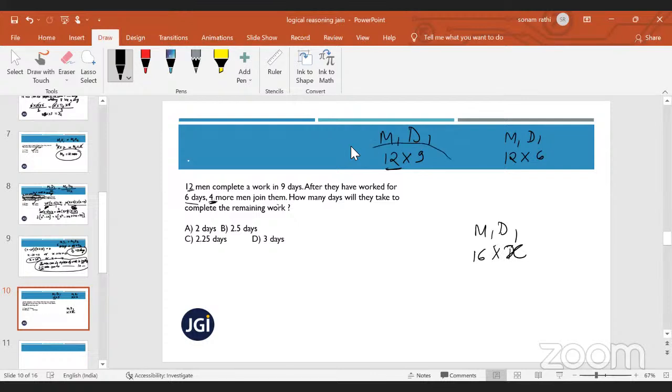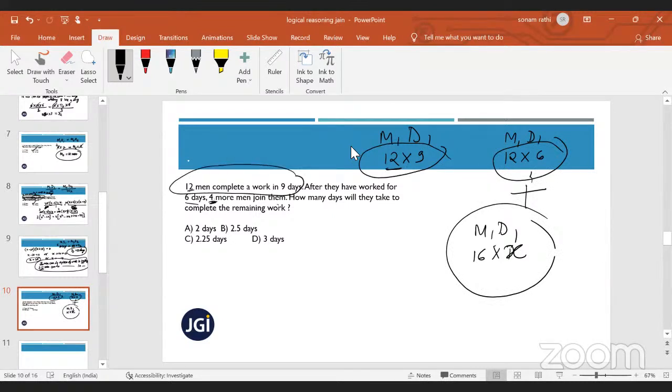So this was the first thing, the total. Now this plus this should be equals to this, right? Because this is the original thing. And now this plus this should be this.